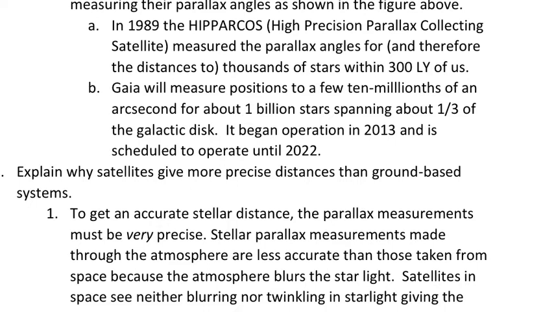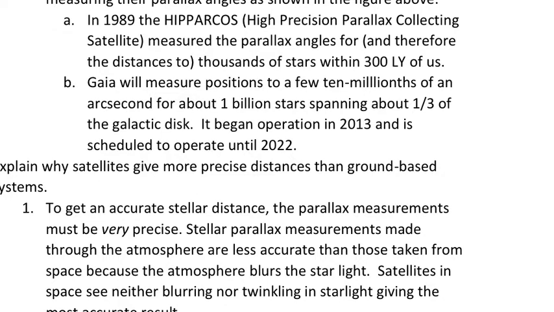By 2022, it will have measured the positions and distances for about 1 billion stars, spanning about a third of the galactic disk. It's an astonishing achievement. This is going to give us a really good database for the distances to stars.